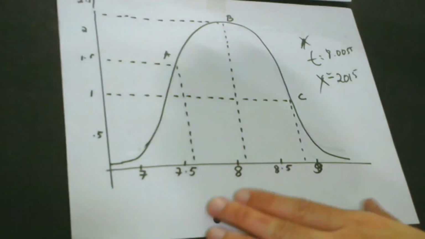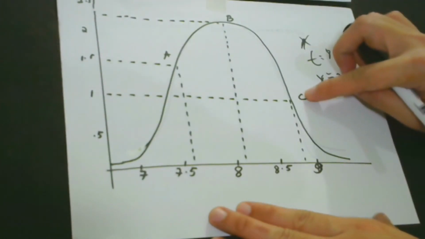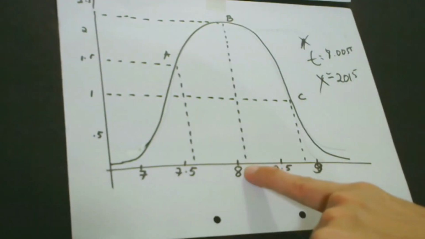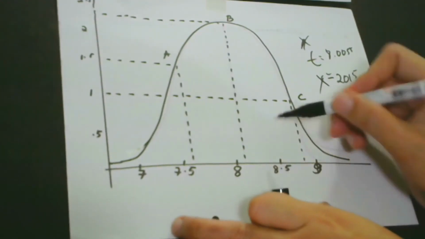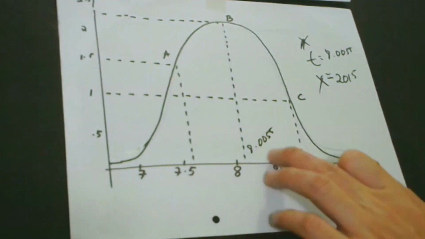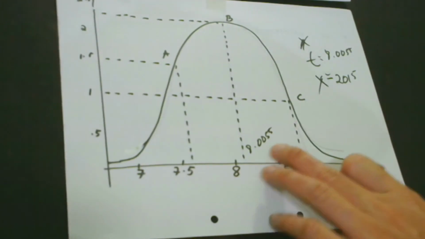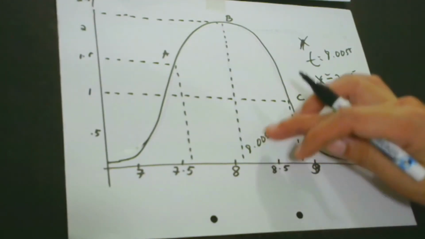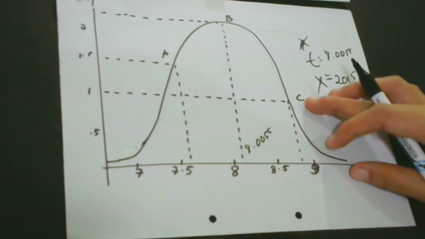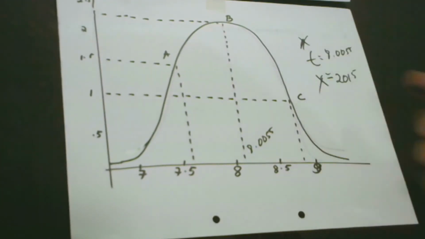If we observe our graph, we have here 3 points. We have A, B, and C. Now, what do these 3 points mean? So this is point B, and this corresponds to 8.0055. Because it is the highest point and it's almost in the median, we could say that this is the most likely thing to happen. And here, point C, which is the lowest one, we could say that this is the least likely thing to happen in our sales performance.